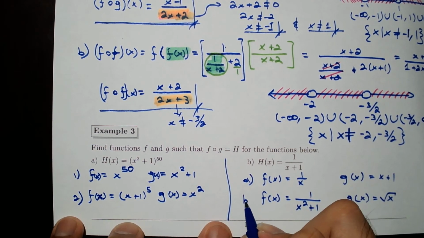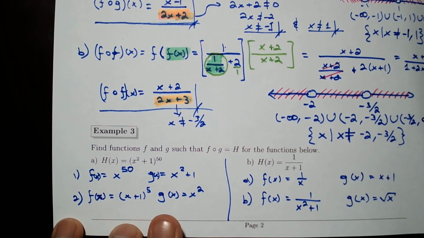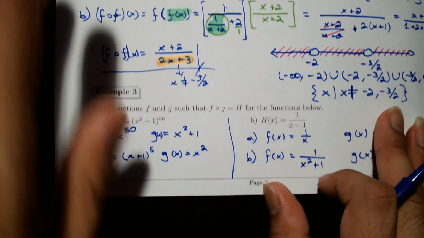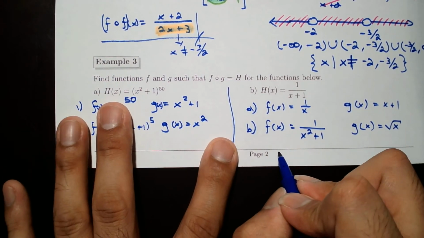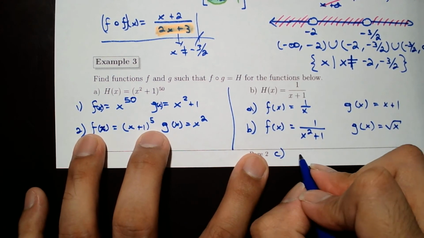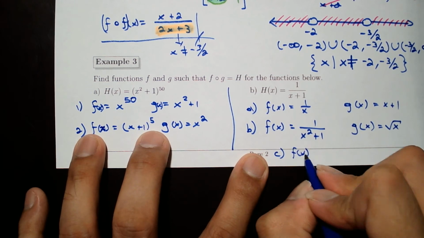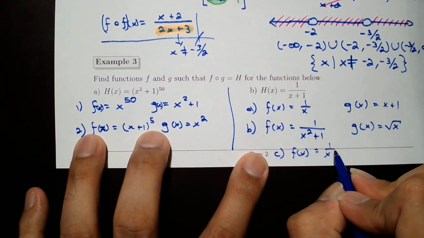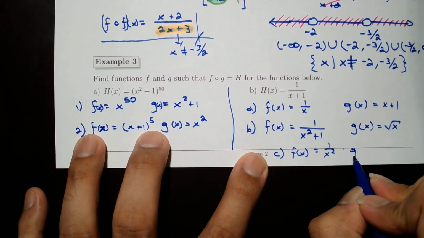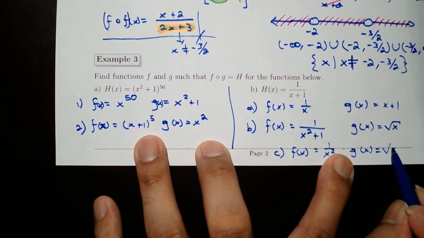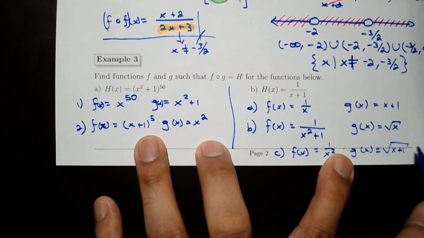Again, two possibilities. There's a lot more possibilities that we could explore here. Why not? Let's do one more possibility that comes to my mind. F of x being 1 over x squared, and g of x equals the square root of x plus 1.